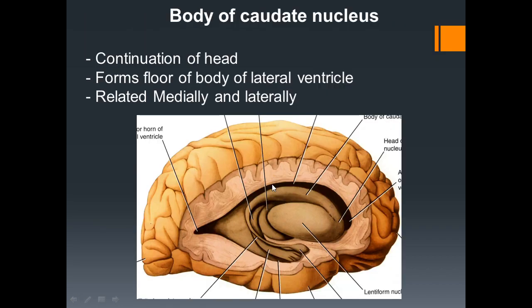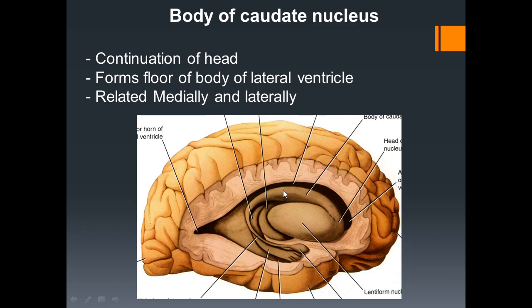Now the body of the caudate nucleus is a continuation of the head. So this is the body of the caudate nucleus and it forms the floor of the body of the lateral ventricle. Now here this is the body of the lateral ventricle, and so the body of the caudate nucleus forms the floor of the body of the lateral ventricle.